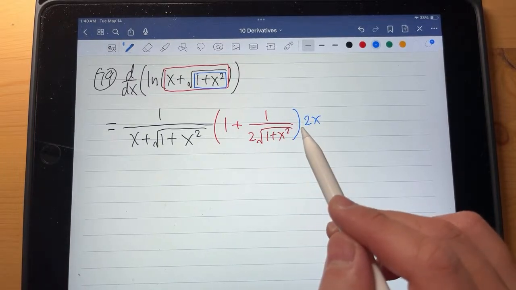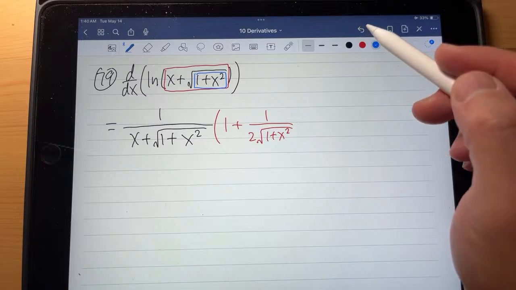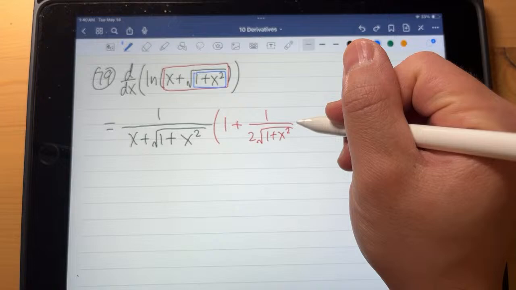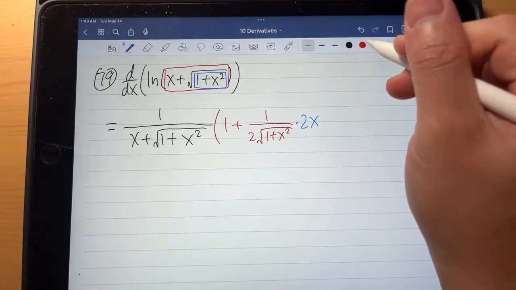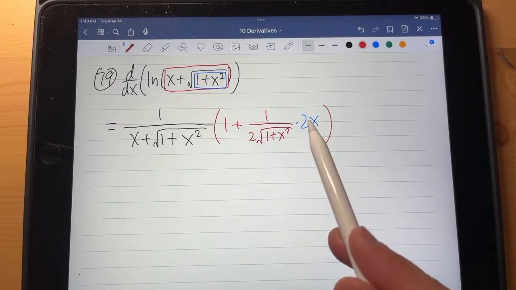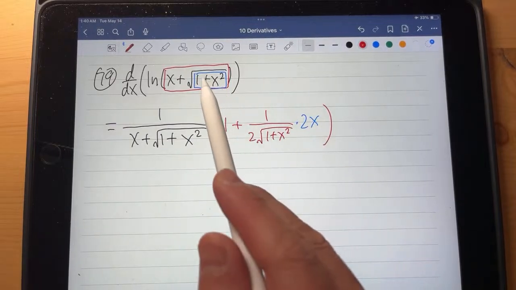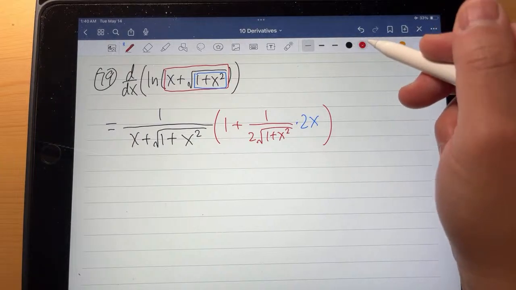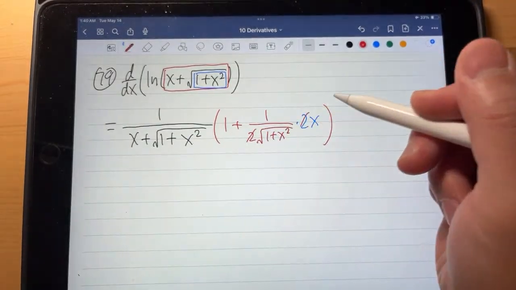Do not have the parentheses. So it should have been multiplied by the derivative of this, which is 2x. So multiply by the 2x right here, and then you close the parentheses. This whole thing is the derivative of the square root function. Alright, then we can cancel out the 2, that's kind of cute.